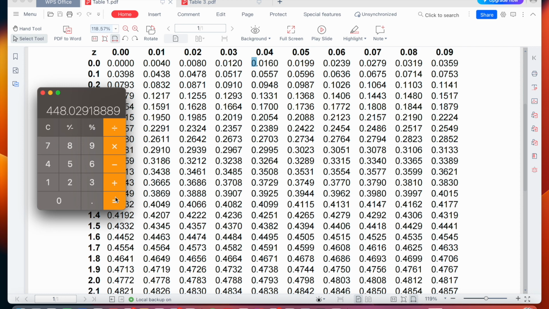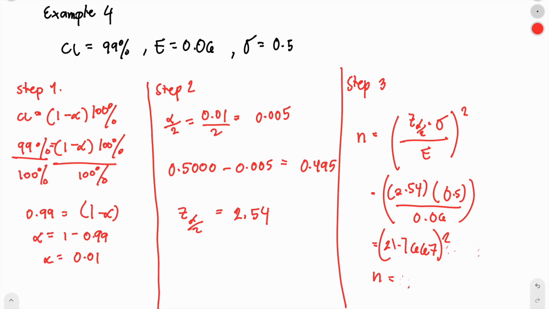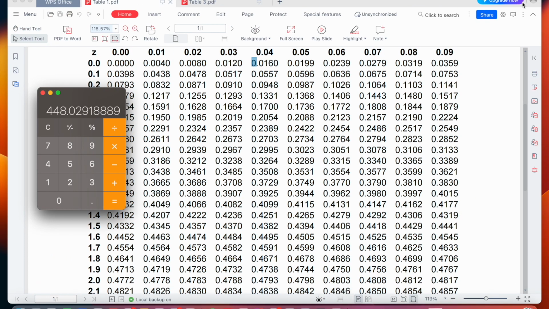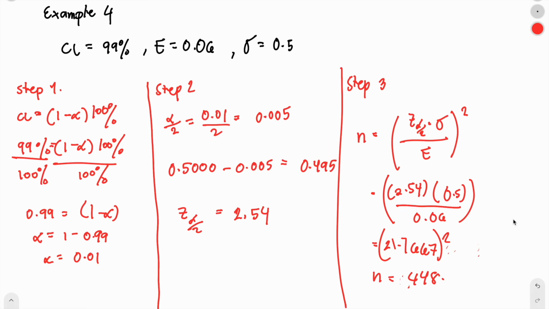So we have 448.029. We should have a whole value for this. Our n should be 448, and that's how we solve for n.